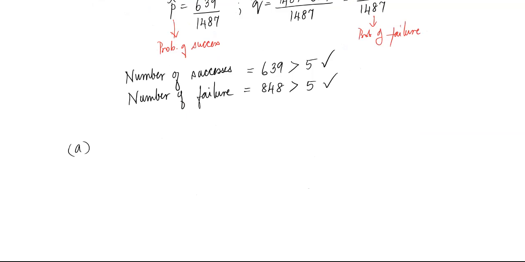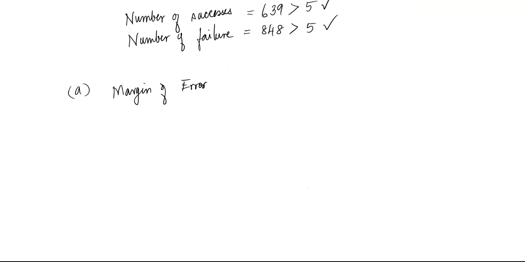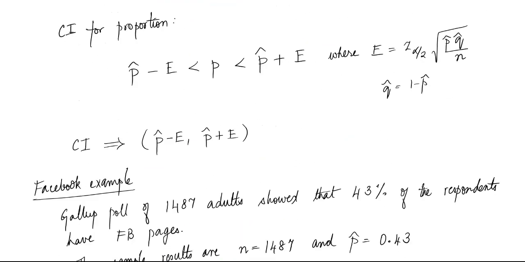Question A says find the margin of error. Now you have the formula. Your formula is E equals z alpha over 2 times the square root of p hat q hat over n. Let's collect all these details. Let's quickly go back to the problem.